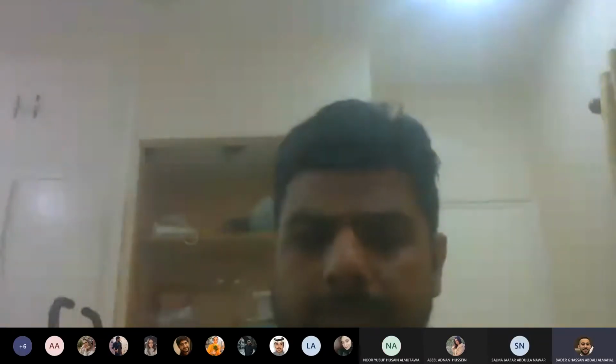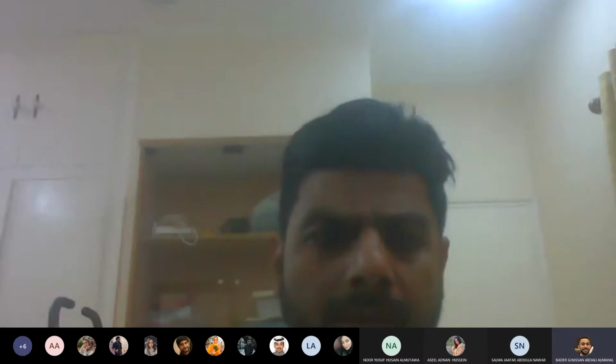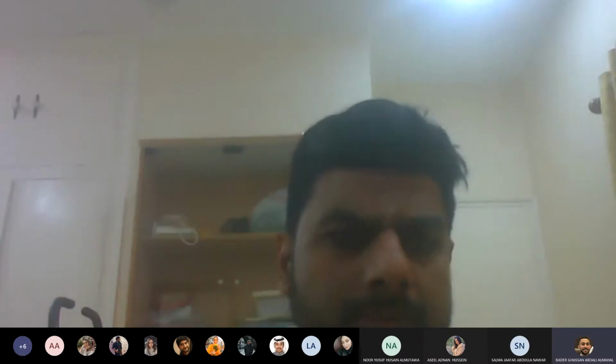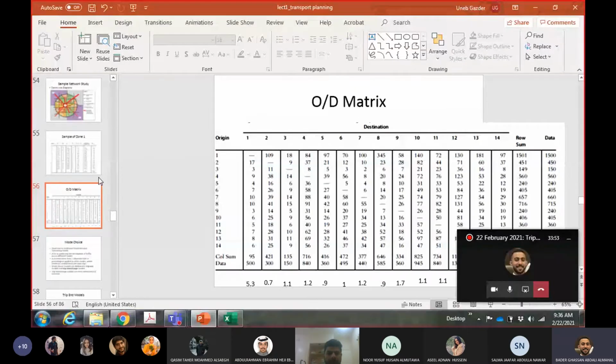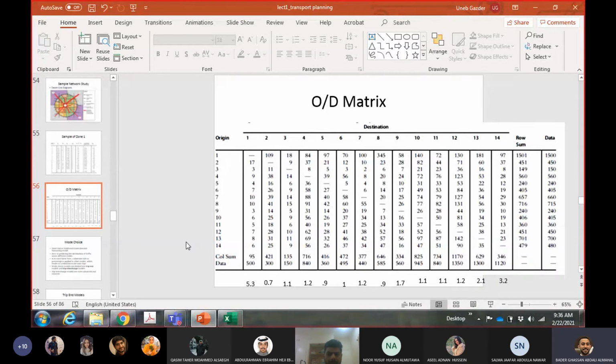Doctor, for the second iteration, we use these values for the rows, the F factors, from the original iteration. What do you mean? I mean, now in the first iteration, the factors for the rows have changed. We use these factors for the second iteration.